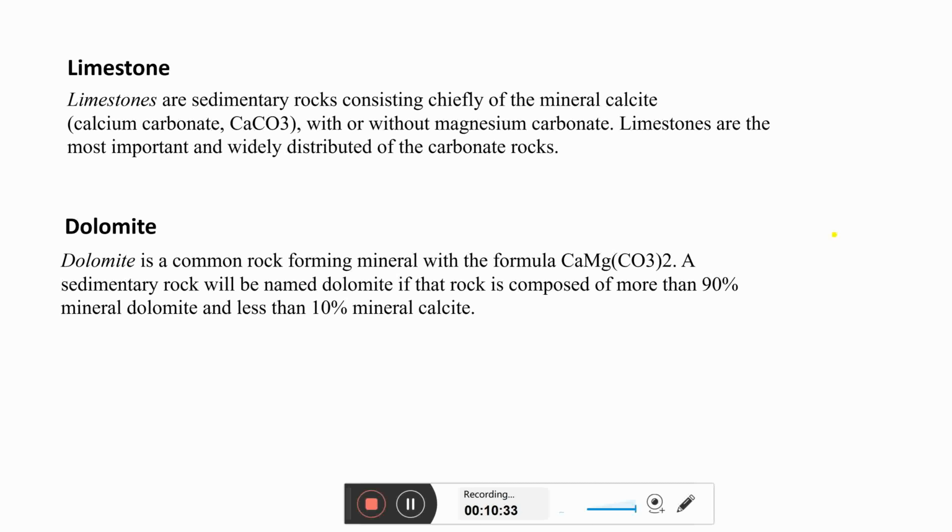Dolomite is a common rock forming mineral where magnesium is added to CaCO3. A sedimentary rock will be named dolomite if that rock is composed of more than 90% mineral dolomite and less than 10% mineral calcite. You will say it is a dolomite.